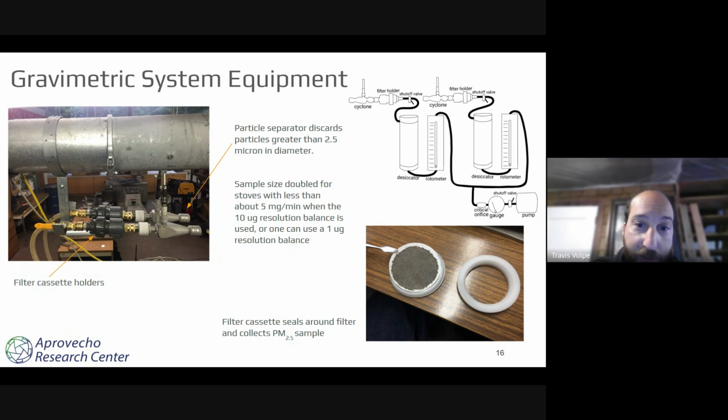The sample size gets doubled for stoves with less than about 5 micrograms per minute, when the 10 microgram resolution balance is used, or one can use a 1 microgram resolution balance. So for very, very clean stoves, 2 filters will be run in tandem to collect enough particulate to measure.